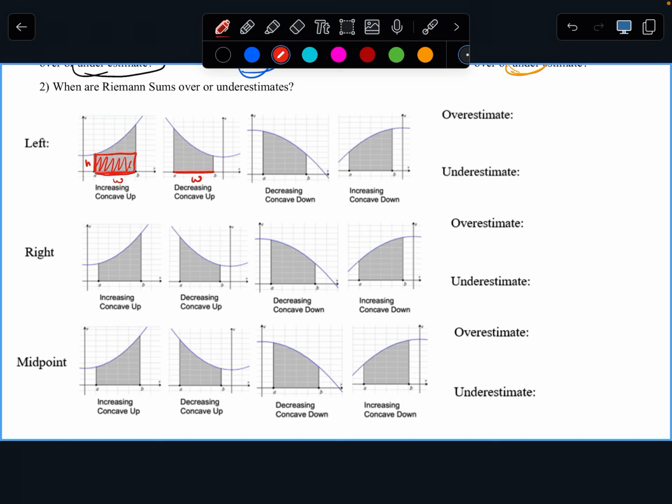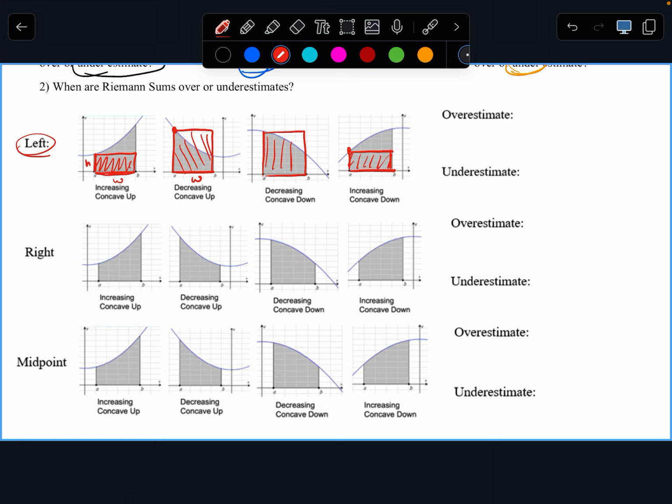If I do the same thing here, giant rectangle, use my left side to get my height, that is clearly an over for me, right? Same with decreasing concave down. Here's my width, here's my height. We're only doing lefts, that's going to be an over. Width, left, that one's clearly under.